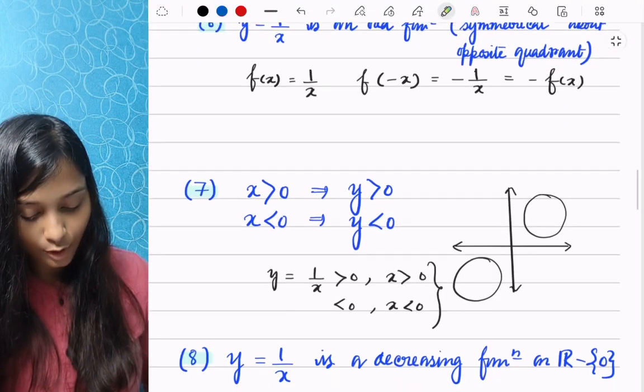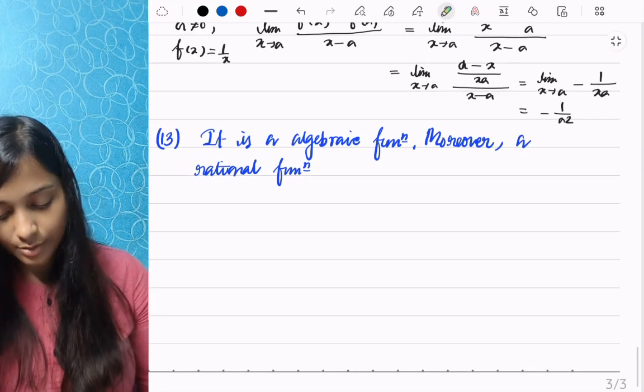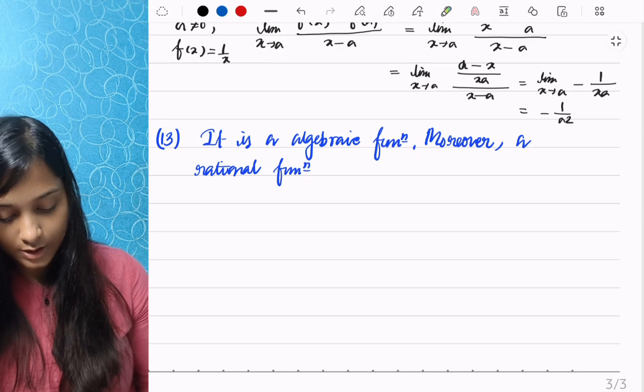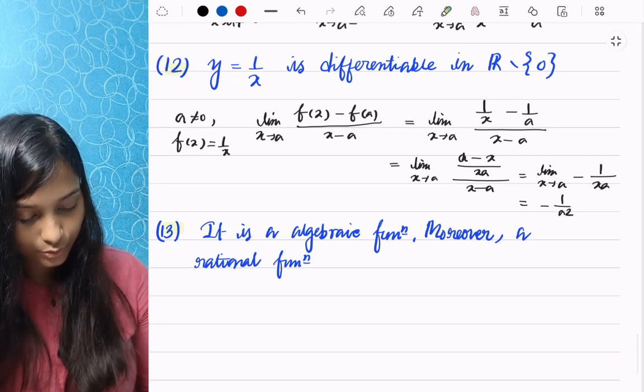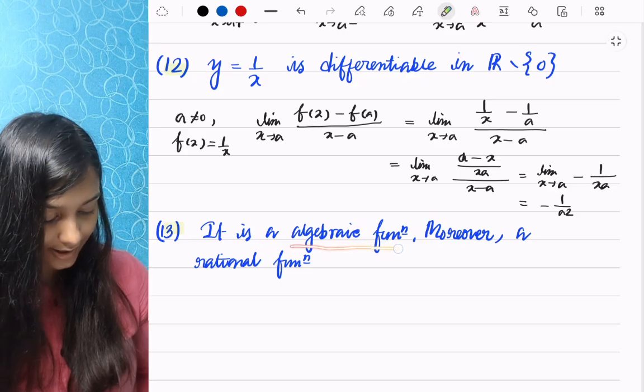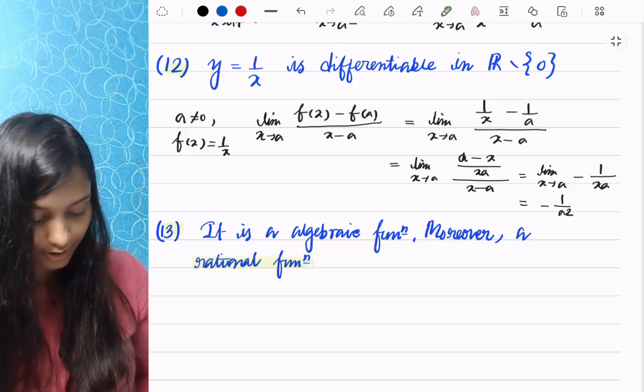Now for the last property, here we have the rational function property. So here it is a rational function. So it is an algebraic function. Moreover, it is a rational function.